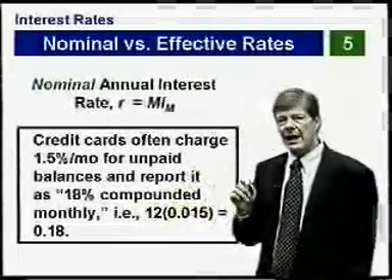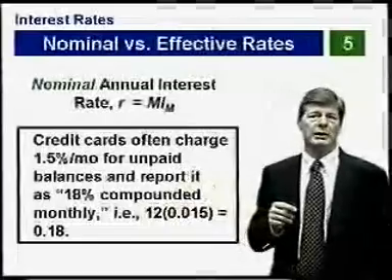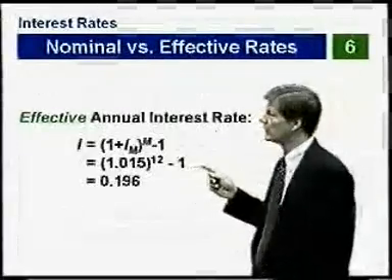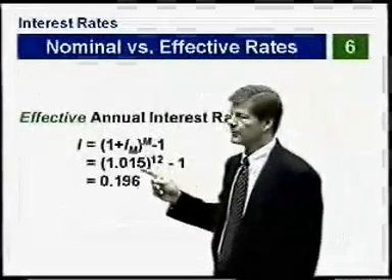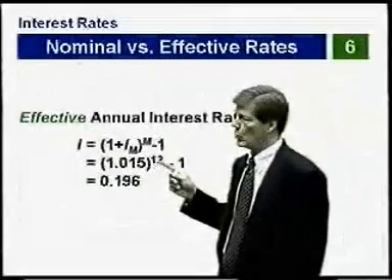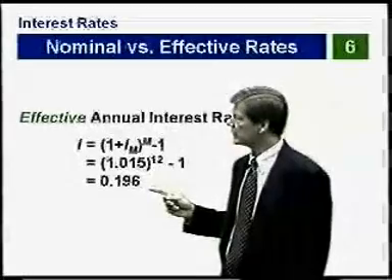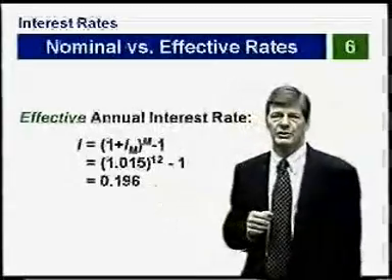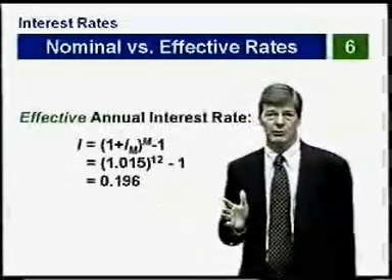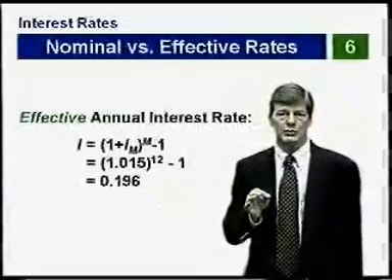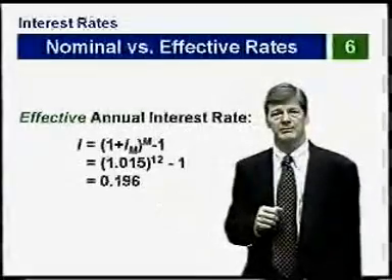So the effective annual interest rate that you would pay would look like this. You would pay 1.5% per month over 12 months would accumulate to roughly 19.6%. In other words, almost 20% per year is what you're paying for the use of those borrowed funds.